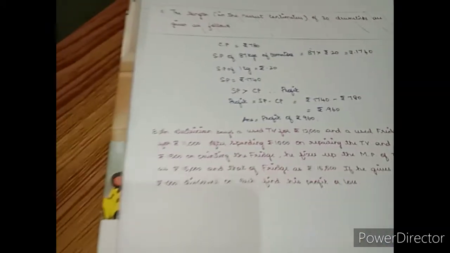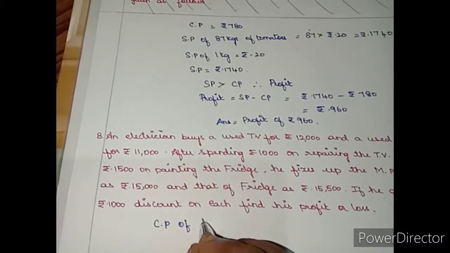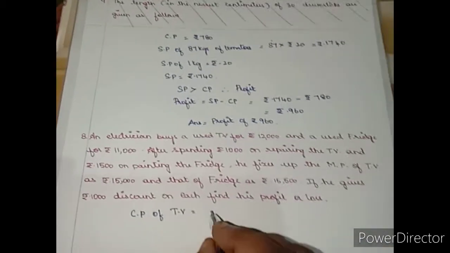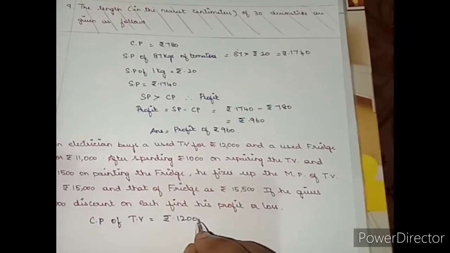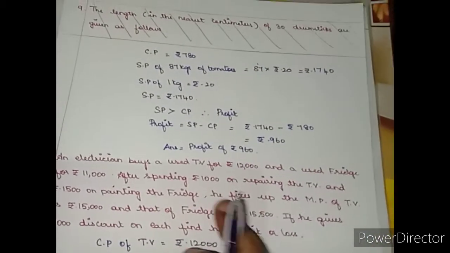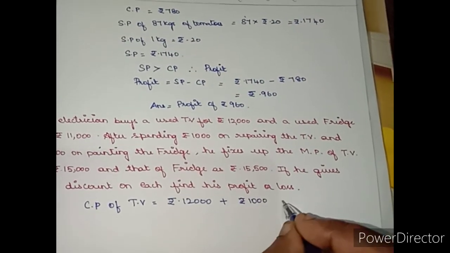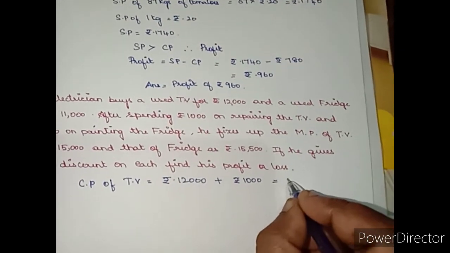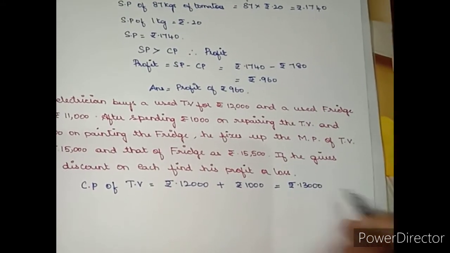Okay, first CP of TV is equal to rupees 12,000 he is buying plus how much he is spending? Rupees 1,000 for TV, rupees 1,000. So what is the CP of TV? It is rupees 13,000.